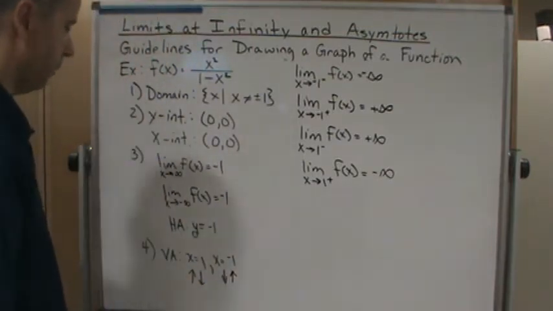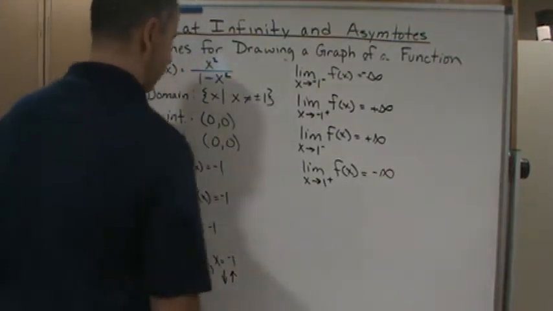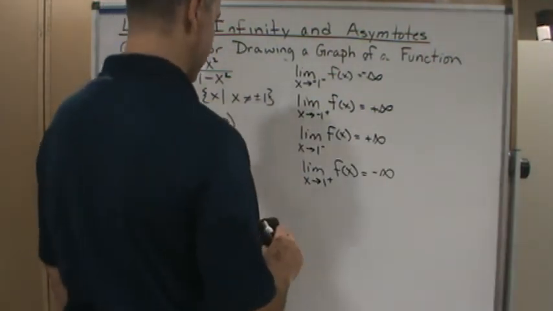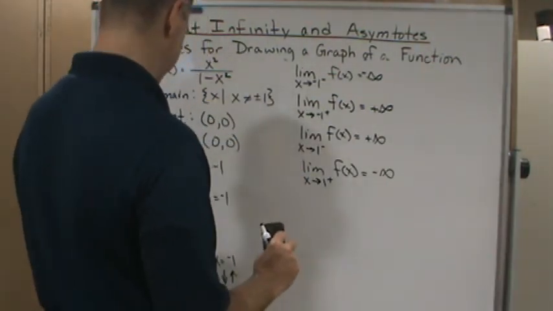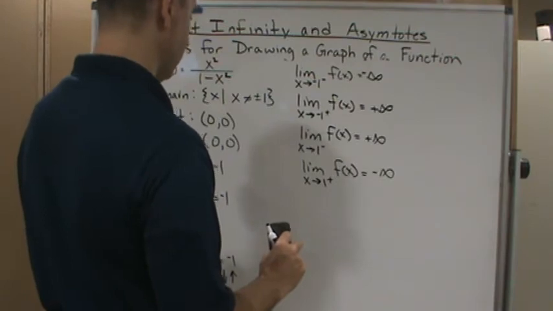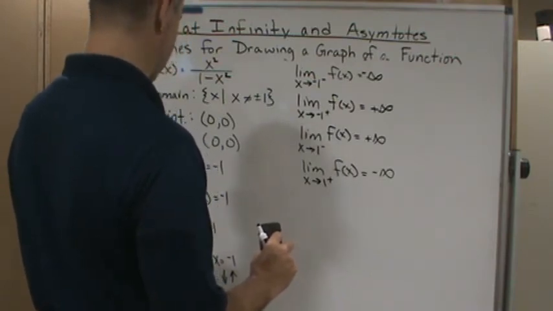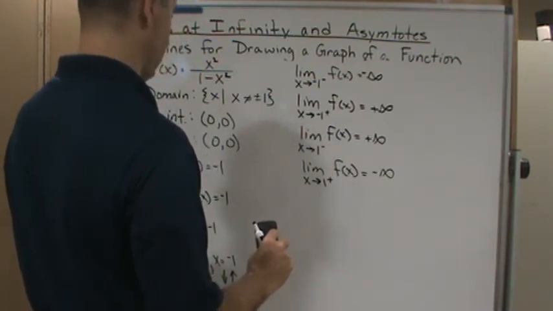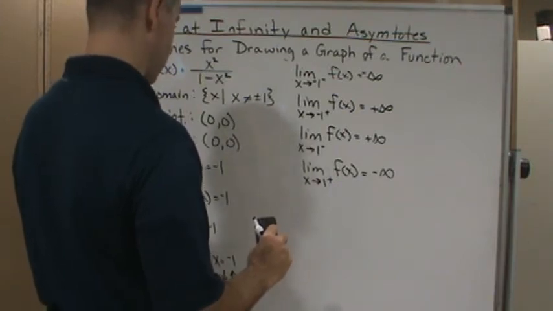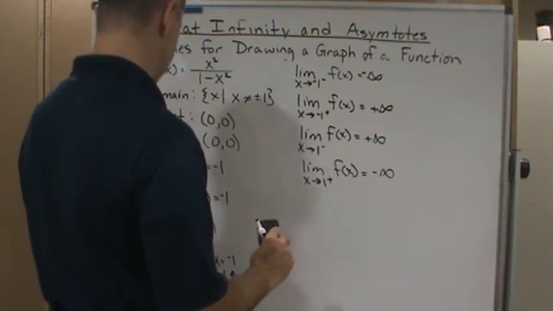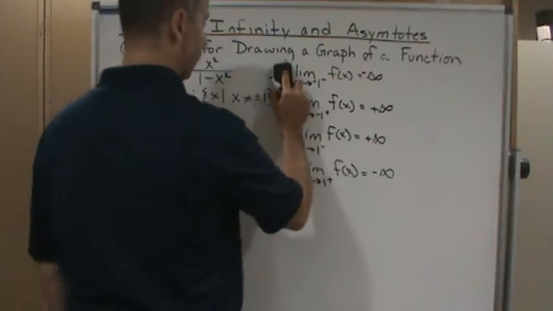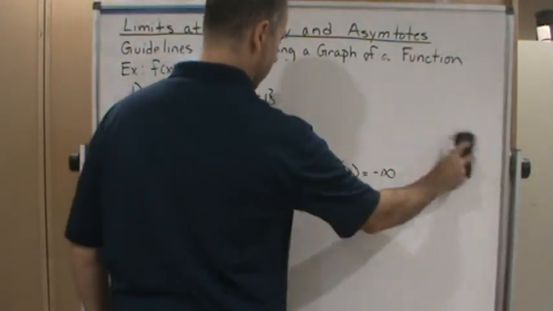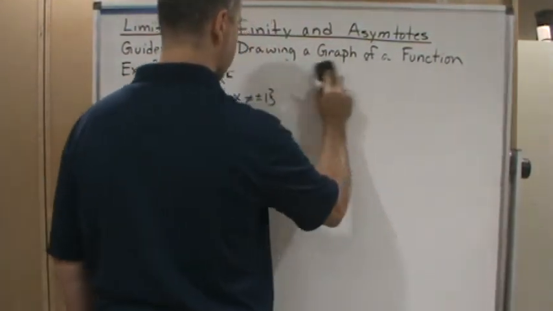So I'm just going to put the arrows there to remind me. Just want to remind me, so I'm going to erase this. Just want to make sure I did the arrows correctly.